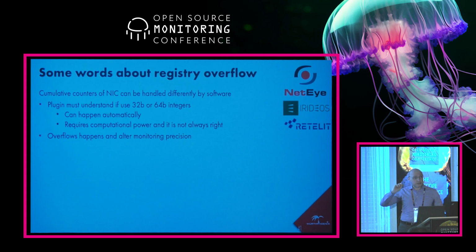We also have older network devices in our farm that use only 32-bit counters. So it is difficult; we must understand which counter to use. And if we stick with the 32-bit ones, how often do we have an overflow?